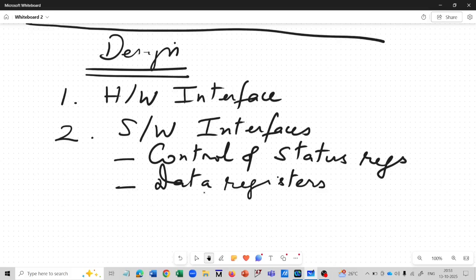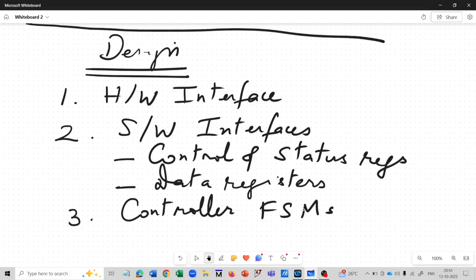So the data registers also form part of the software interface. Then, of course, for controlling all these operations, the control path will comprise the controller finite state machines. So essentially, our design effort will be focused on building these three components.